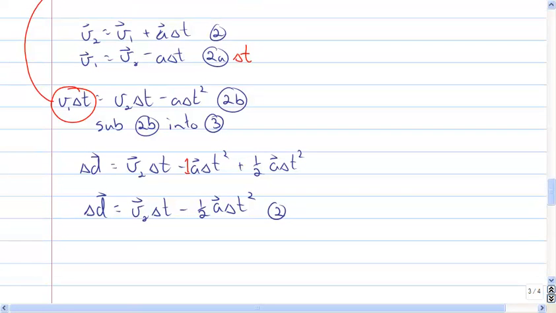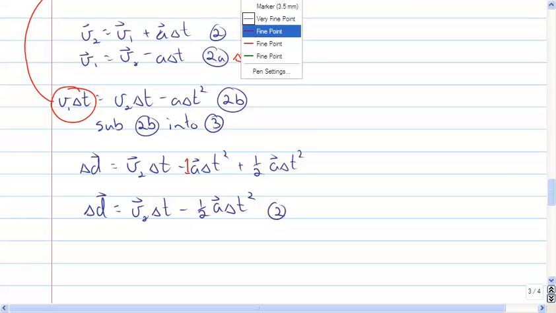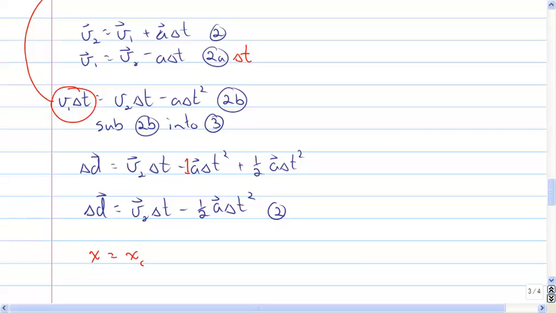And again, just like we had with the AP text, because delta T is x minus x naught, I'll write this again in red. So x will be x naught plus V2t minus 1/2 A T squared.